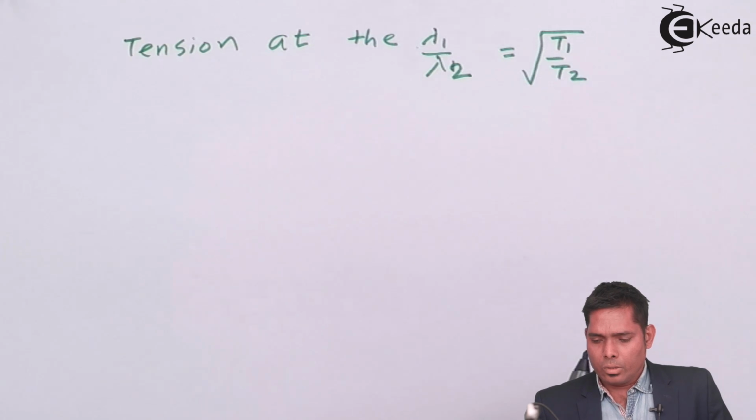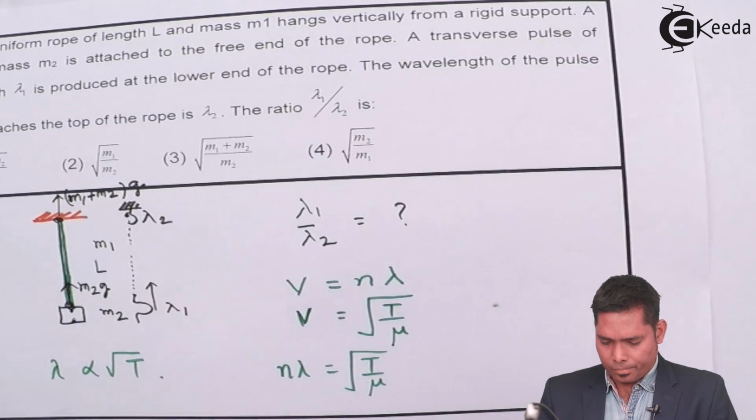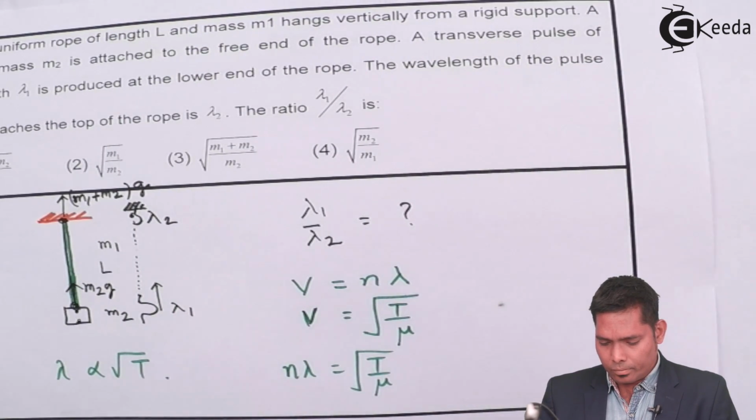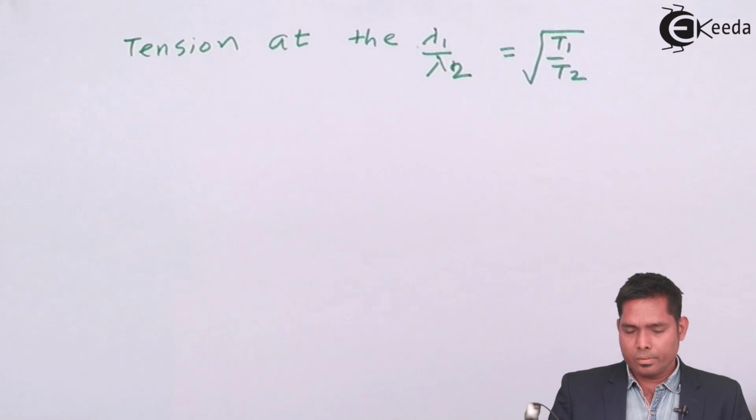T1 is the tension at the lowest point and T2 is the tension at the highest point.